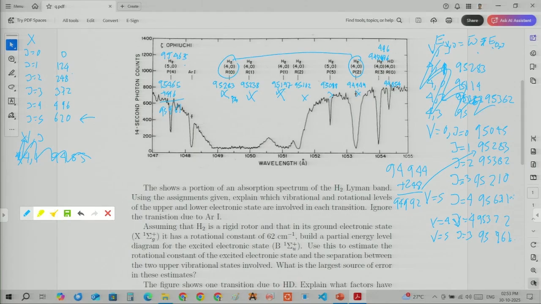They should both give you an upper energy level of J equals 1. So those two should give you the same answer. And are there any other pairs here? R3 and P5. No, they're different vibrational states. R0 and P2. There isn't a P2 here. So I think it's only those two that should give you the same state, which is the one I got here, and I got different answers for.